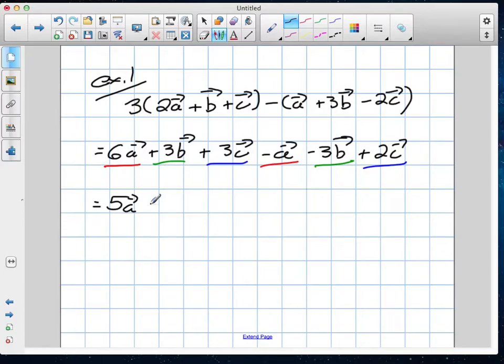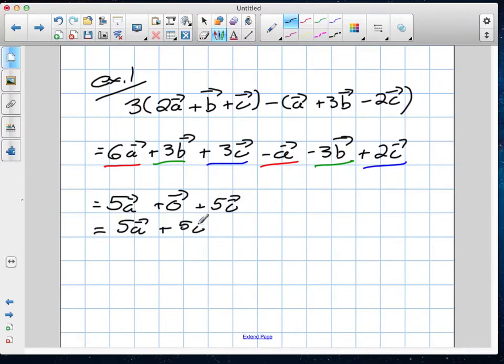And if it's going the opposite direction, if we start at A, we go up it 6 times, and then back 1, we're only the equivalent of going up 5 times. B, 3B and negative 3B, what does that do? Cancel out, becomes a 0 vector. We could do that just so we can use that law of adding 0 vectors. And 3C plus 2C is the equivalent of 5C, yeah.